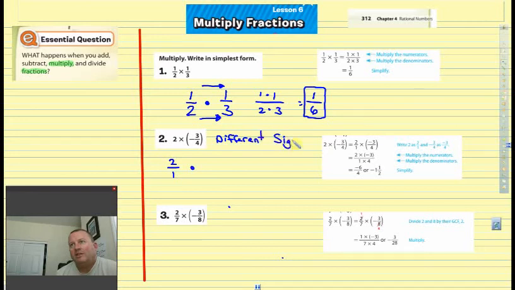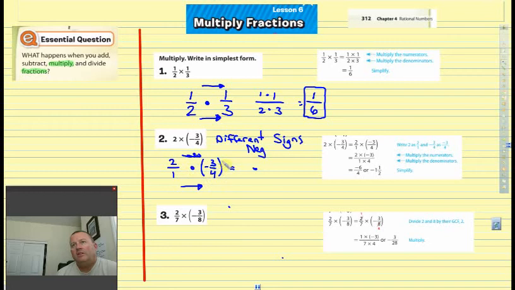I see different signs, and different signs always mean negative. So my answer is going to be negative. Okay, and I'm going to show you 2 ways to do this. First way is just like we did here. Multiply straight across. Okay, I'm going to get a negative answer. I know that because I have different signs.